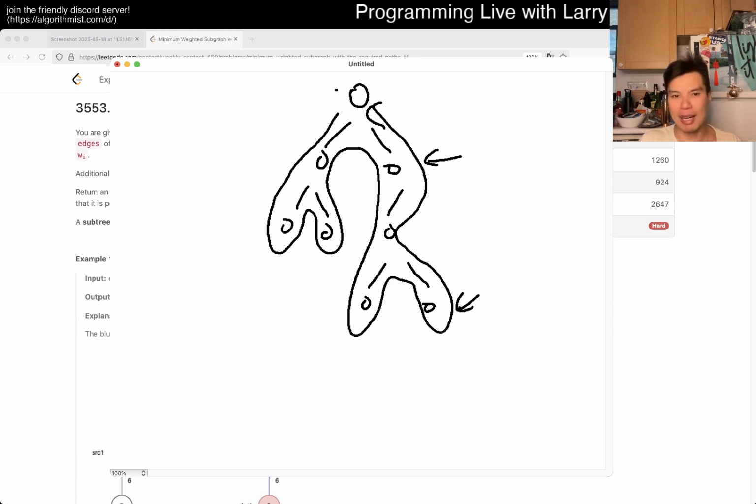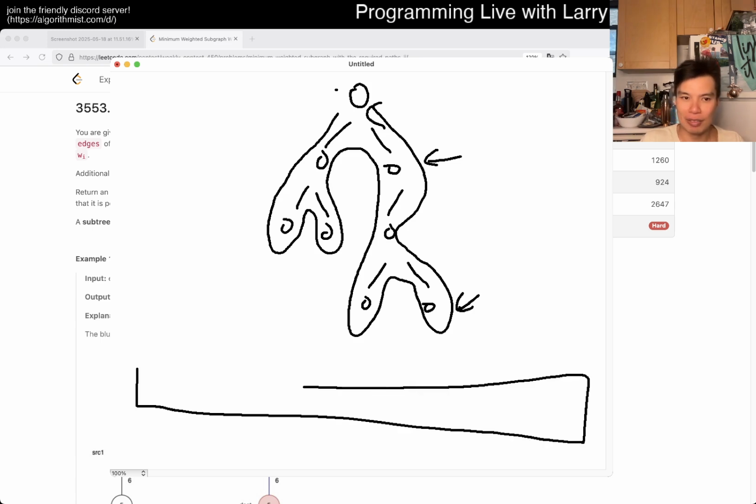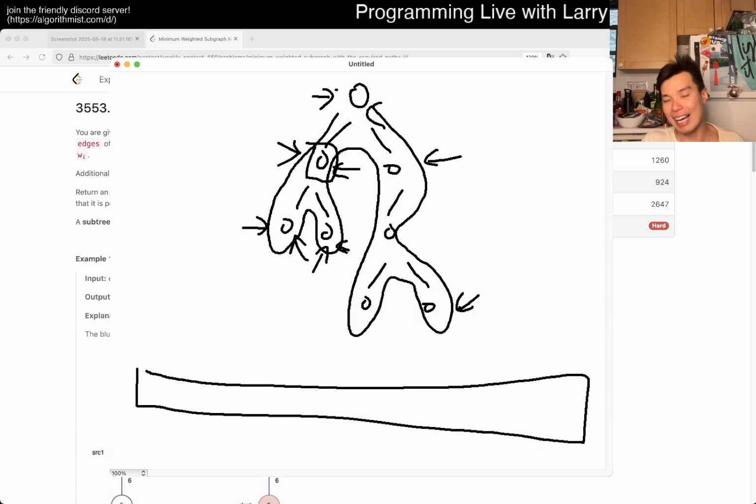Because if you look at the timeline of when we visit this node, then this node, then this node, then we exit from this node, enter this node, exit from this node, and then exit from this node, right? So all its subtrees will have entered and exited before this one exited, right? So that's basically the idea.